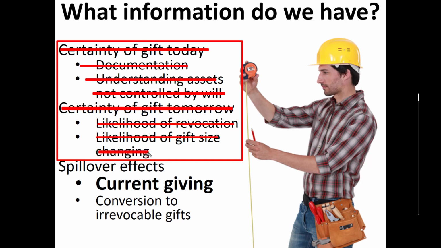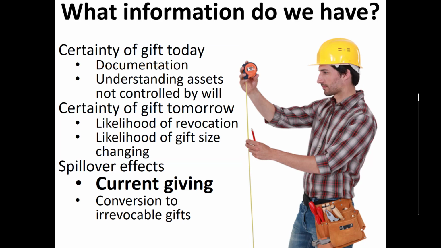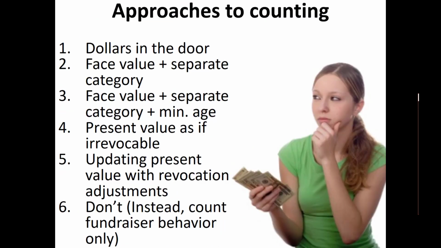We might still want to engage in gifts in wills, because once we know there's a gift in a will, we can convert that to an irrevocable gift that we do know what to expect in real dollars, or because we're getting that donor to treat the organization like a family member, and that treatment has a spillover effect on current giving, which we do know about. So there's lots of reasons to encourage this other than estimating what you're actually going to get from the ultimate estate transfers.